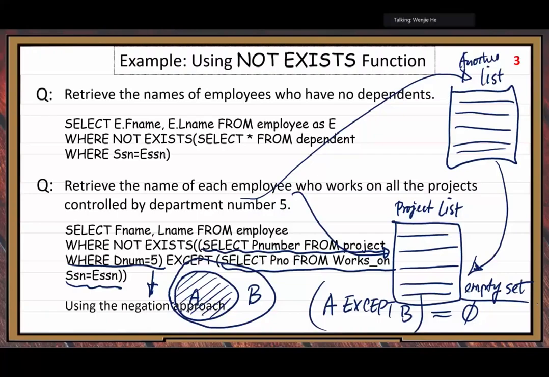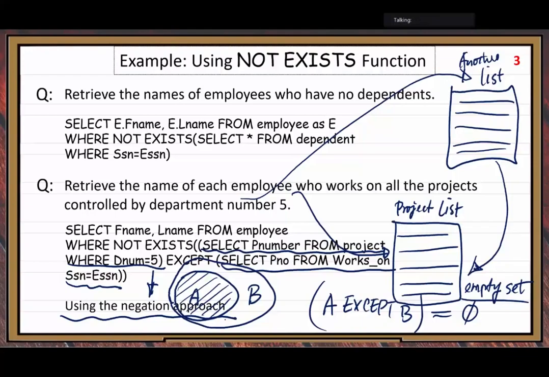And here, there is another important point in this example using the negation approach. You can see why, because here it is not exists. That's the negation way, right? But in the original question, you cannot see any negation information. In the original statement, retrieve the name of each employee who works on all the projects controlled by, there is no negation information, right?